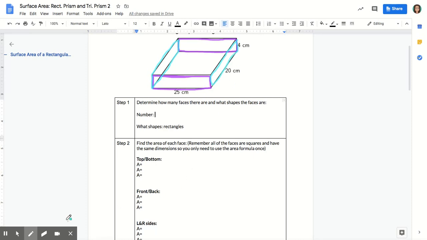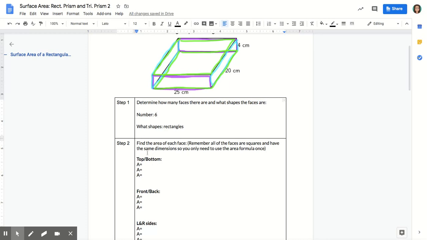So that's 2 more faces, so that's 4. And then we have our top and bottom face. Those are, in this particular one, the biggest faces that we see. So that would be this bottom one here and this top one up here. Okay? So that's a total of 6 faces.